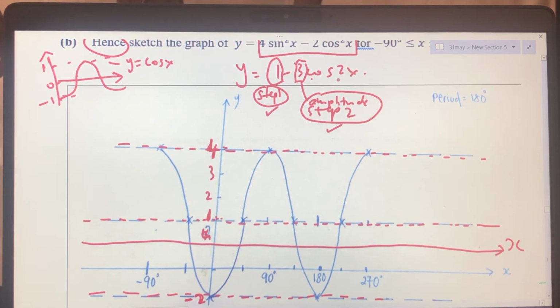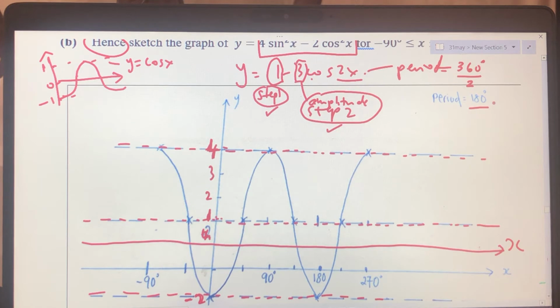Next one is the period. The period is very important because it tells you one full cycle is how many degrees. So the formula is 360 divided by the number in front, the coefficient of x. So it's 2.